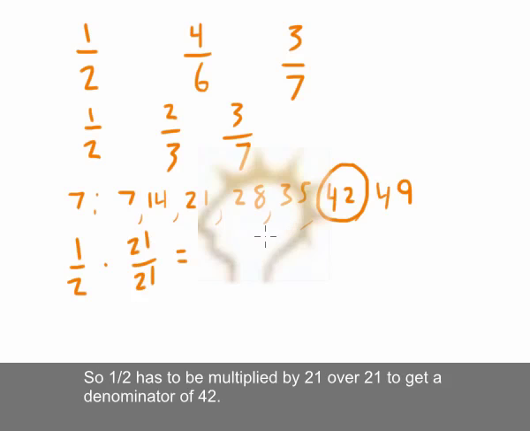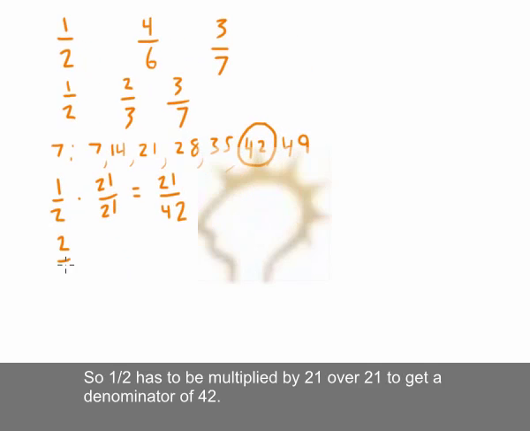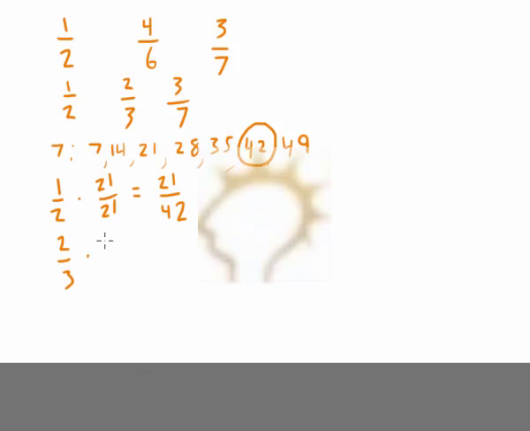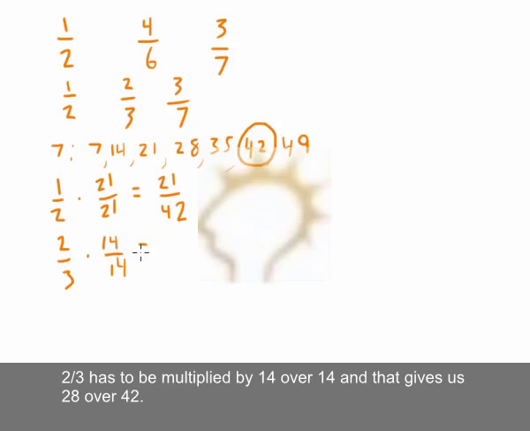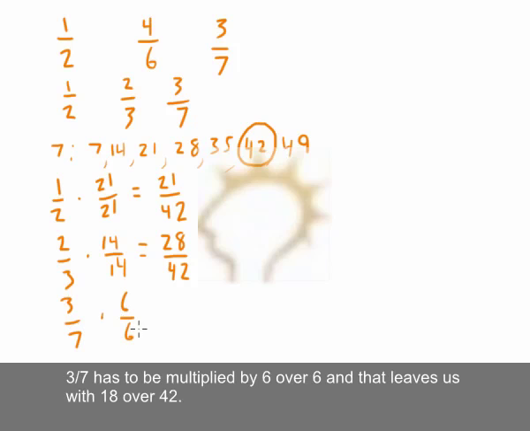So 1/2 has to be multiplied by 21 over 21 to get a denominator of 42. Two-thirds has to be multiplied by 14 over 14, and that gives us 28 over 42. Three-sevenths has to be multiplied by 6 over 6, and that leaves us with 18 over 42.